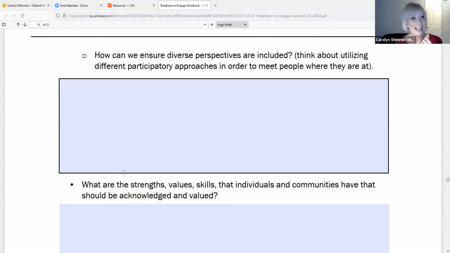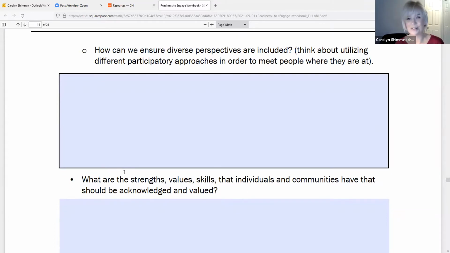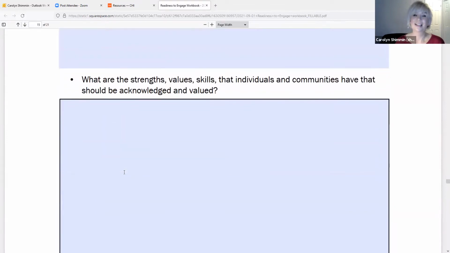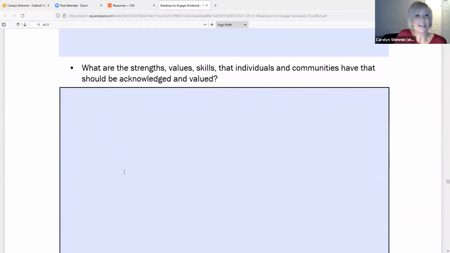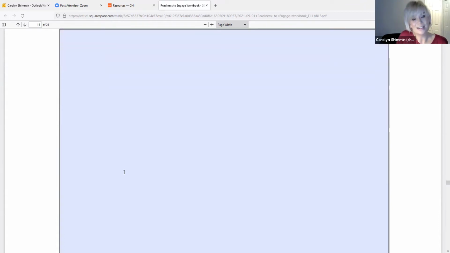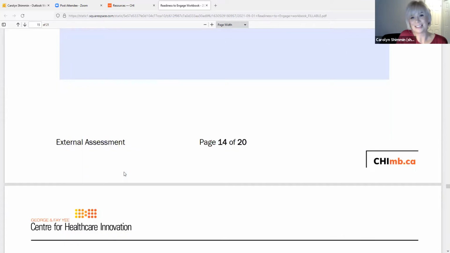And we have a neat handbook on different approaches you can use that we can also let you know about as well. Understanding what are the strengths and the values and the skills that individuals and communities have that should be acknowledged and valued. Having those conversations with community and understanding these pieces.